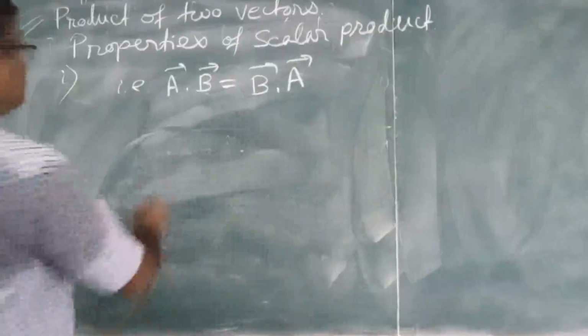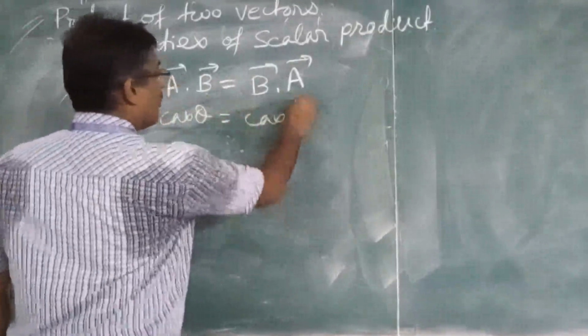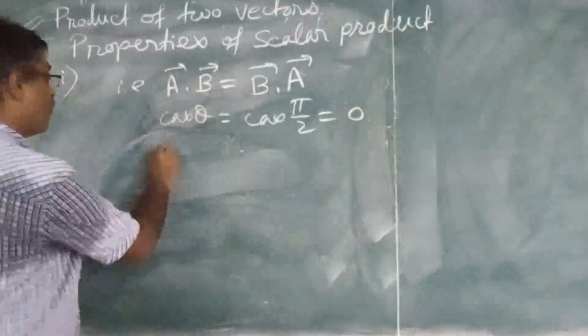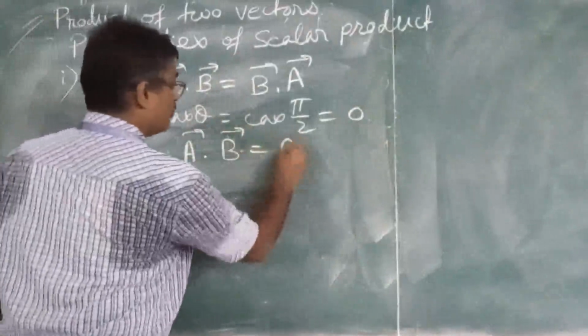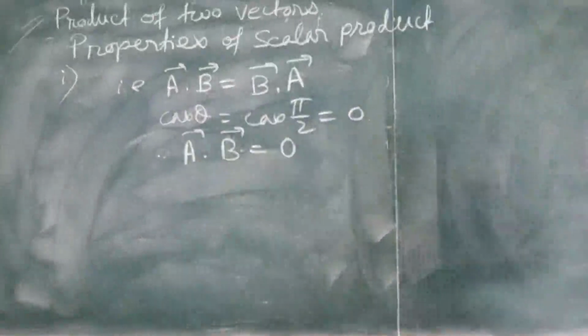Then cos theta equals cos pi by 2 equals 0. Therefore A dot B equals 0.